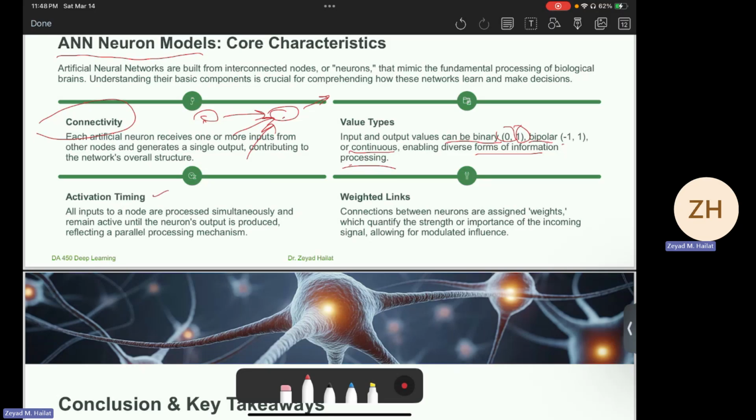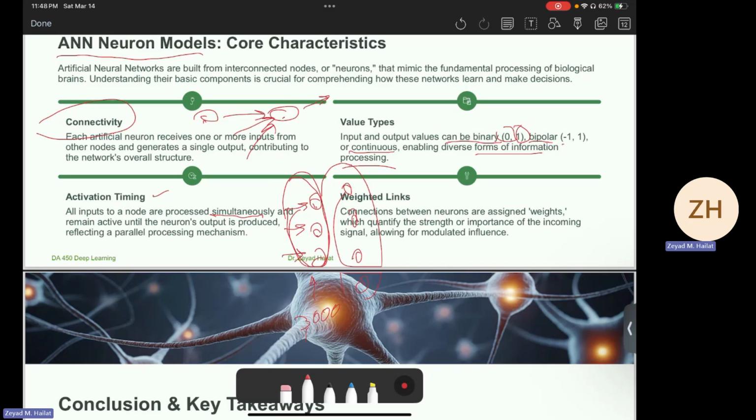Activation timing: all inputs to a node are processed simultaneously. Remember, for instance, this is a layer, this is a second layer. I can process this one at the same time as this one, this one. Once I'm done with this layer, I can process these three in parallel. Imagine these are not three, these are 3,000.